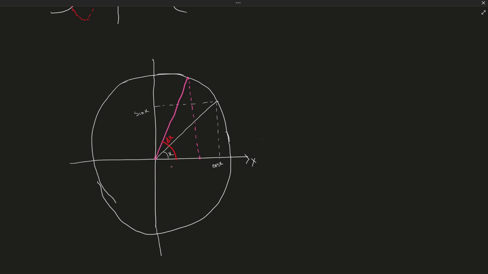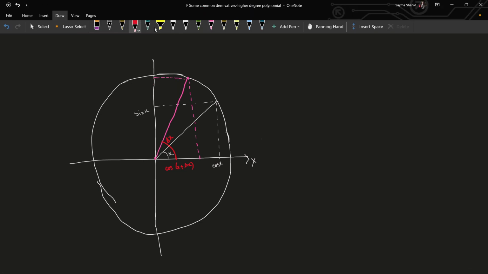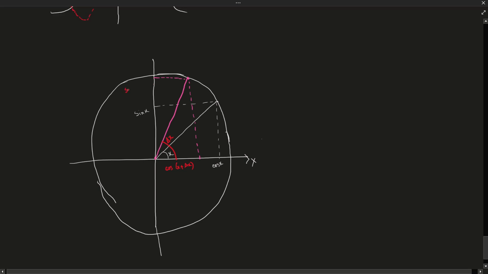So of course it will be cos of x plus del x, and this will be sin of x plus del x. Okay, so we find this portion here.